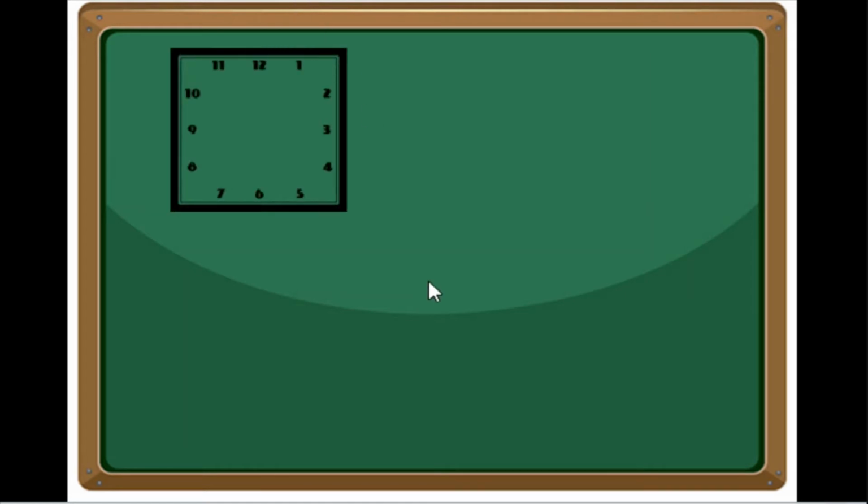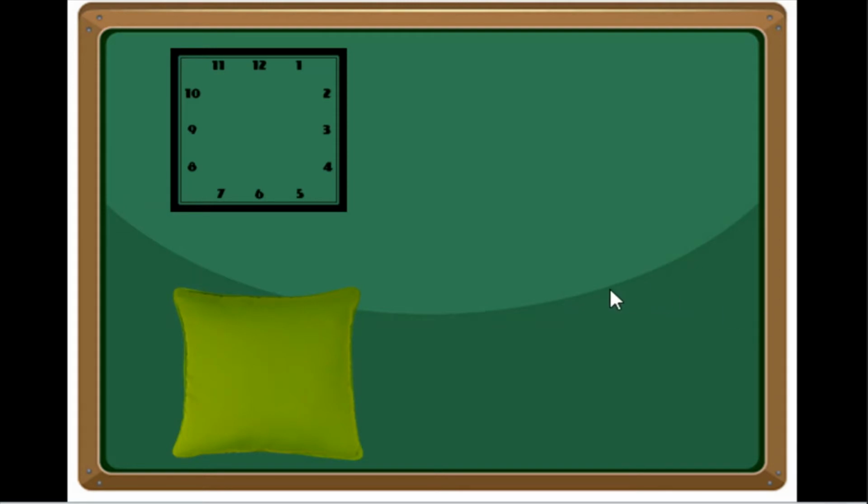Let's try to see if you can identify and differentiate between squares and rectangles. This time, I will be showing you pictures. Try to identify by yourself whether it is a square or a rectangle.